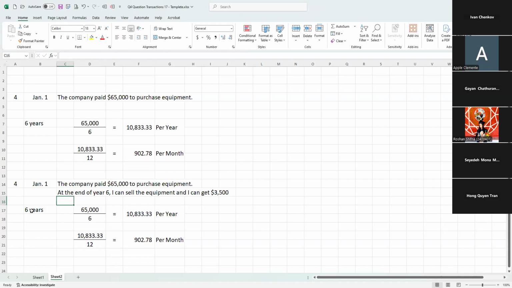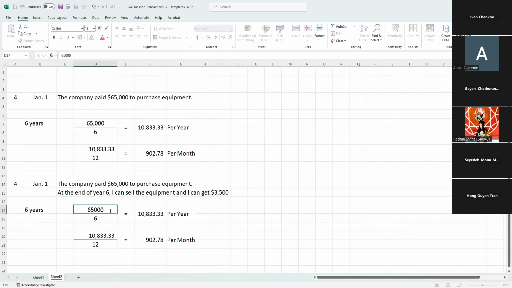So now the question is, how much is the actual cost that I have to transfer as expense over the life of the asset? Is it going to be $65,000, or is it going to be $65,000 minus $3,500? What do you think? The second choice.